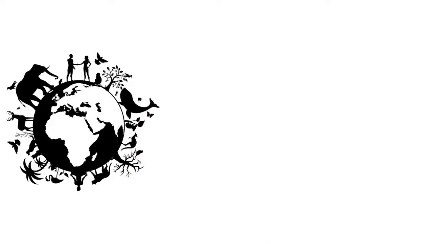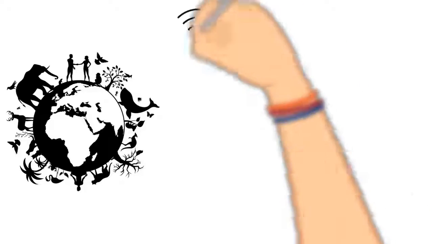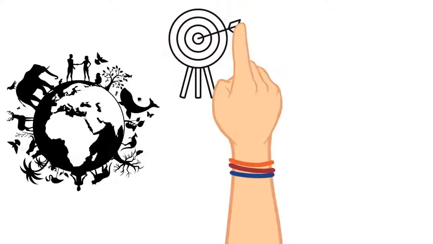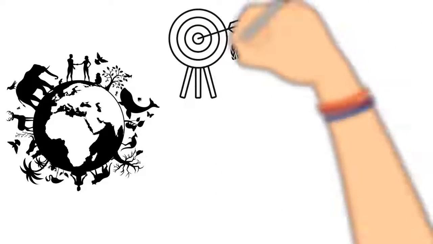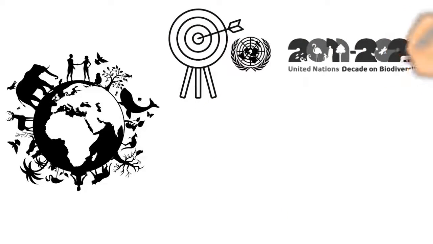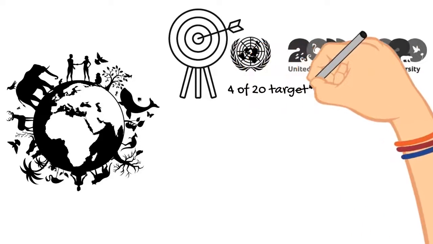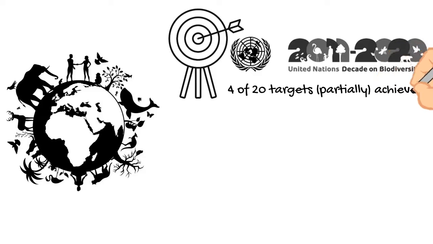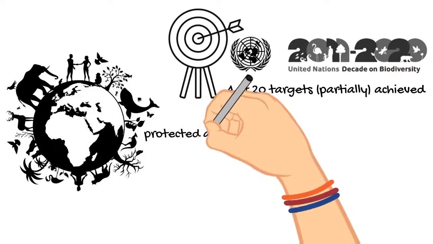To protect biodiversity, the global community set up 20 targets for the United Nations Decade on Biodiversity between 2011 and 2020. Unfortunately, only 4 targets were achieved. There was some progress in extending protected areas, but without measuring their effectiveness.